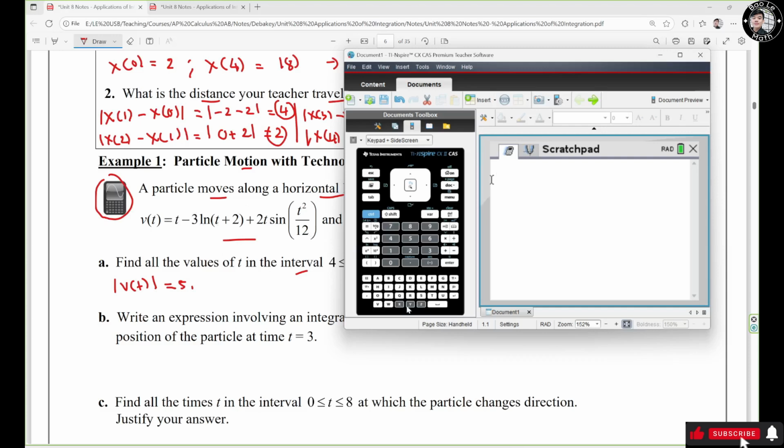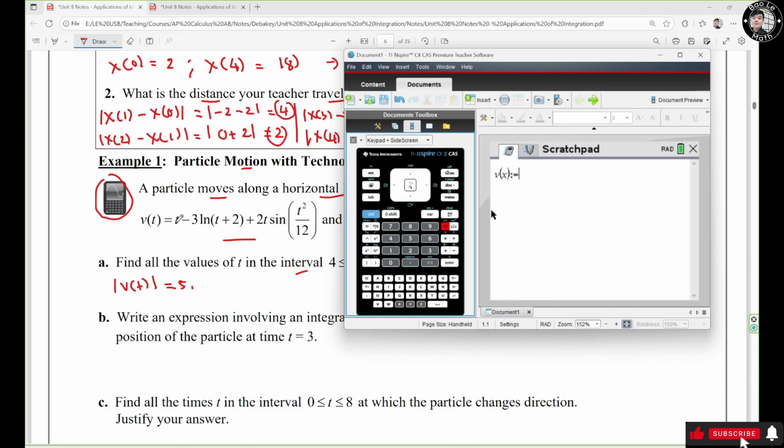So you're going to hit v of. Now in this situation, I'm going to use the variable s because I'm going to graph v of t on the x and y coordinate plane later. So I'm going to use s as the variable. It's going to be the same thing. Then you're going to hit control and the button right here.